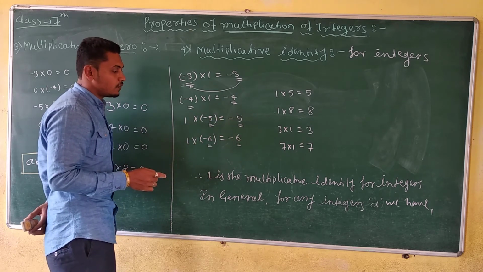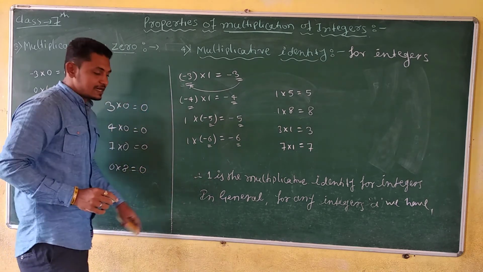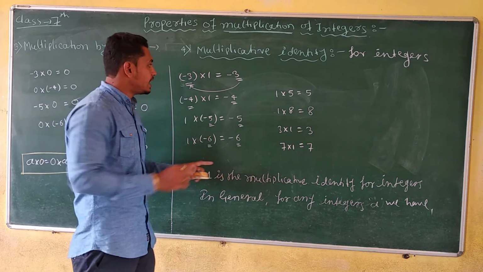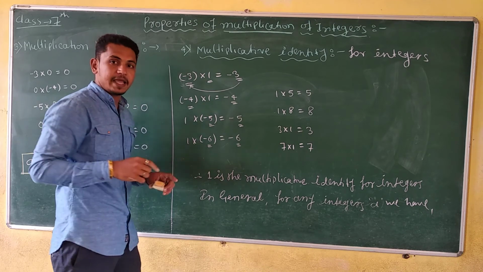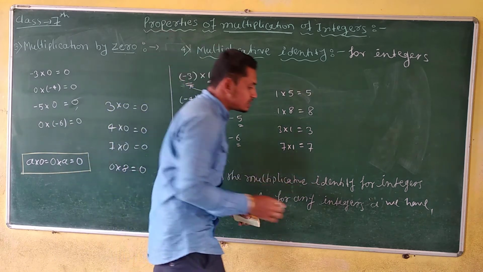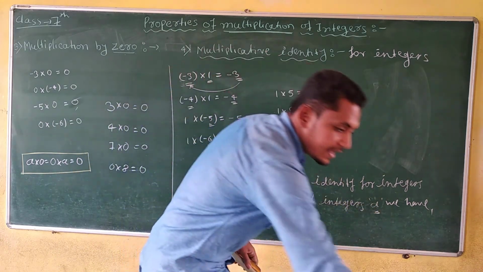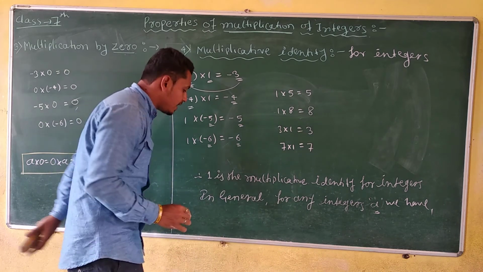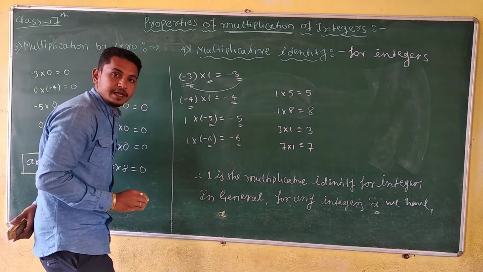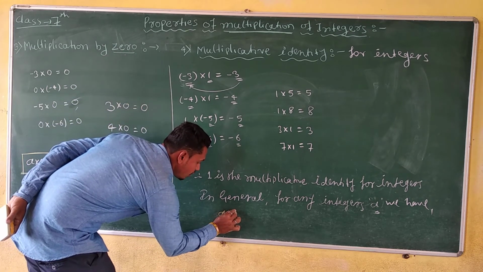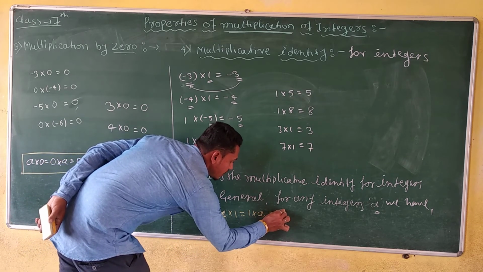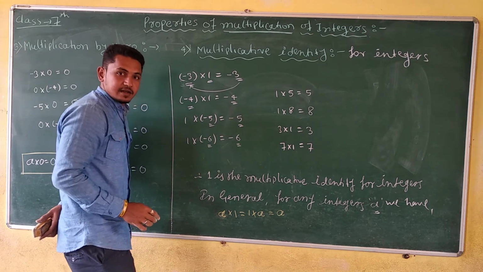Therefore we can say 1 is the multiplicative identity for integers, or in general for any integer. Take a as any integer. a is an integer, and the multiplication of a with 1, or 1 into a, always gives rise to the same integer a.